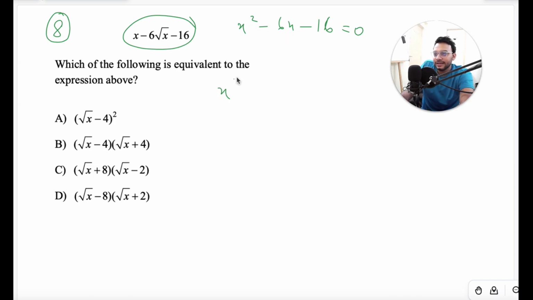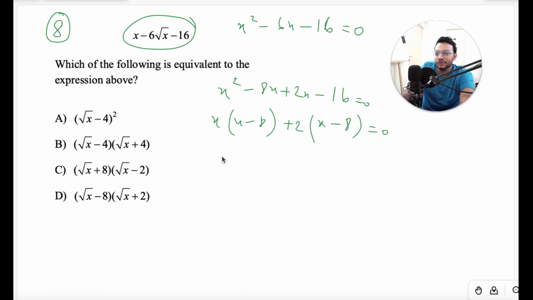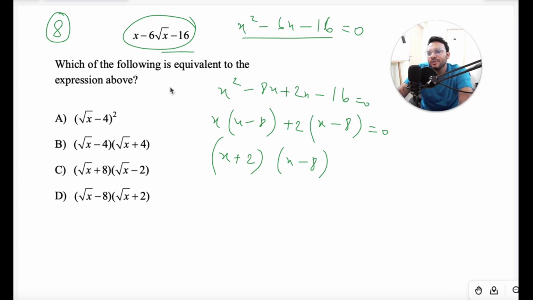this as x squared minus 8x plus 2x minus 16 is equal to 0. x times x minus 8 plus 2 times x minus 8 is equal to 0. x plus 2 times x minus 8. Now what is changed between these two expressions? The degree of x is reduced by 1.